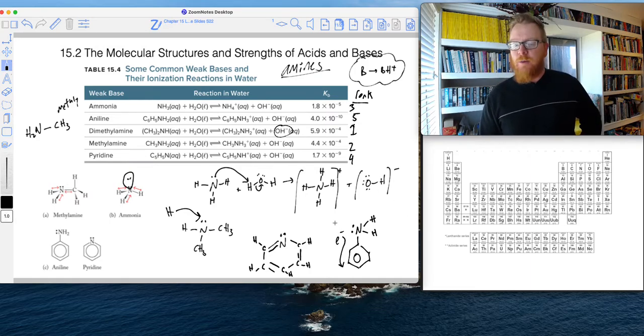So electrons are being sucked away from this nitrogen. That means it can't attract hydrogens as much. We call this delocalized electrons. So the electrons are being delocalized away from the nitrogen.